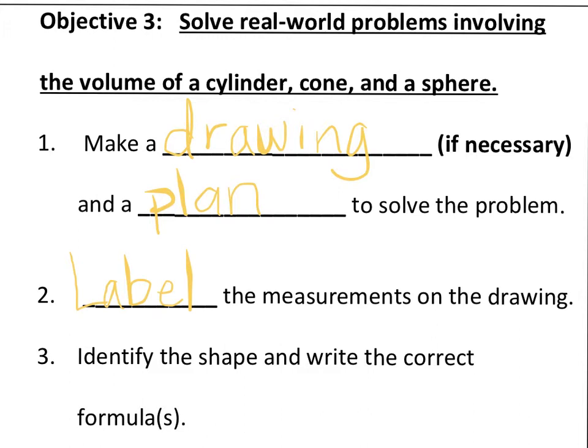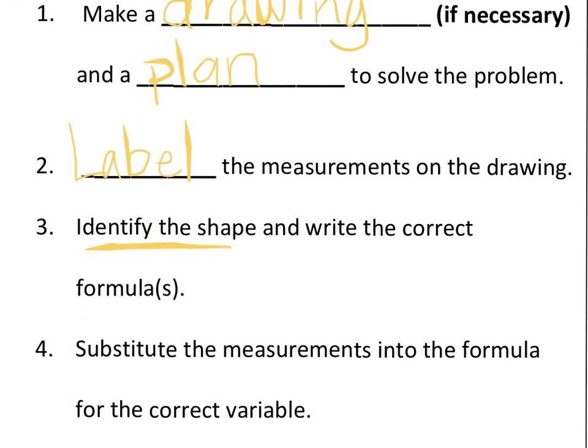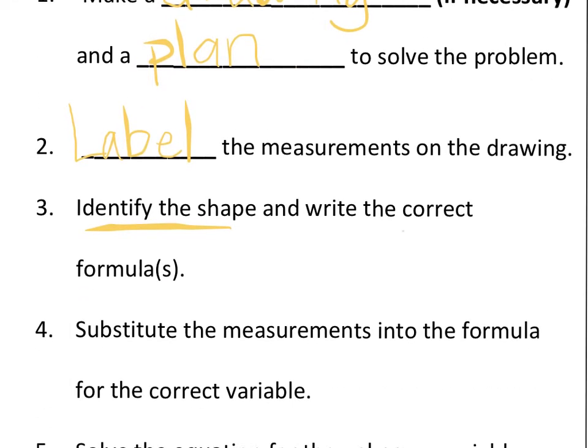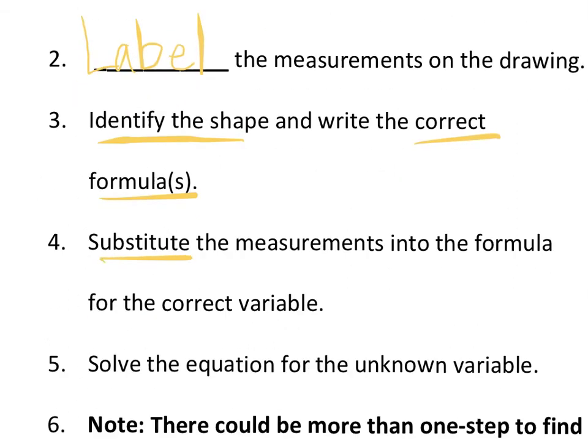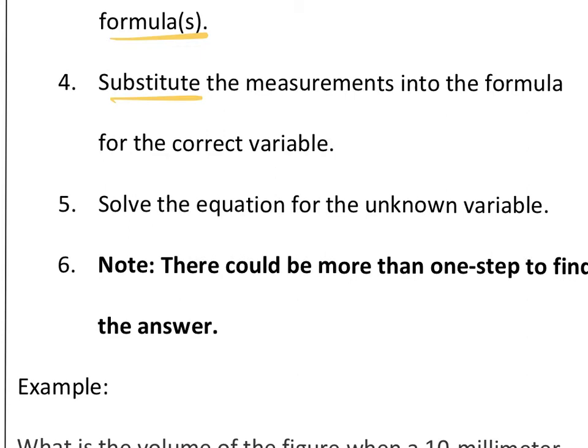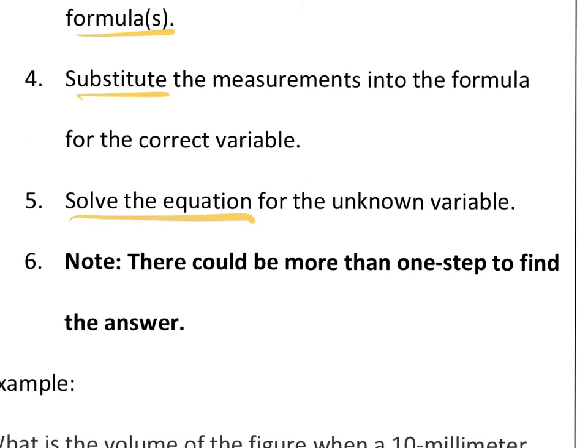Then we can do what we've been doing and identify the shape and write the correct formula down. Then we can substitute our measurements into the formula and solve the equation. Now keep in mind on these word problems that there could be more than one step to find the answer.